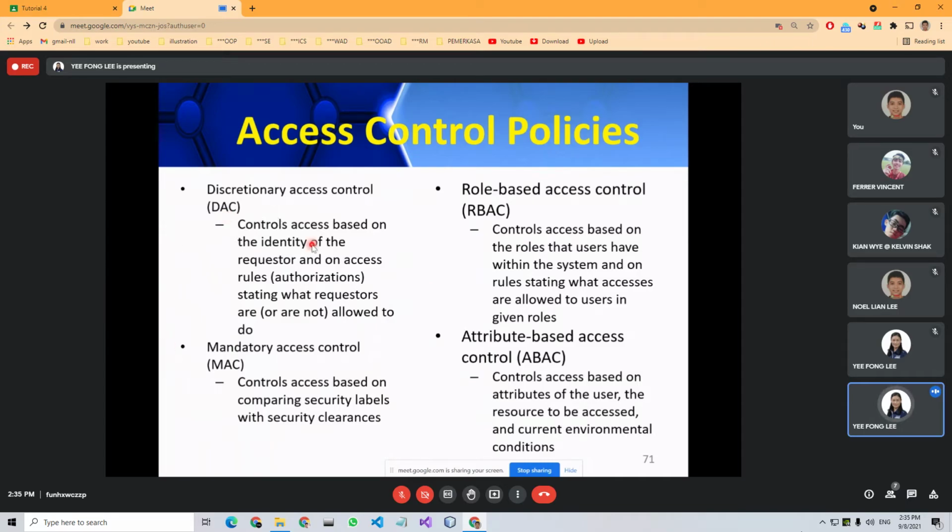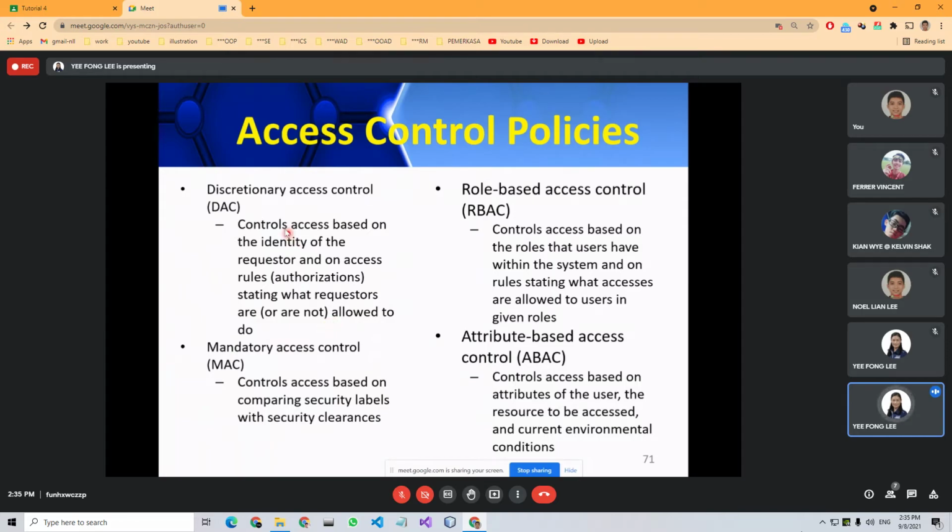So the first one, DAC, discretionary access control, based on the identity of the requester. Means siapa orang yang request. Identity of the requester and what the requester is allowed to do.